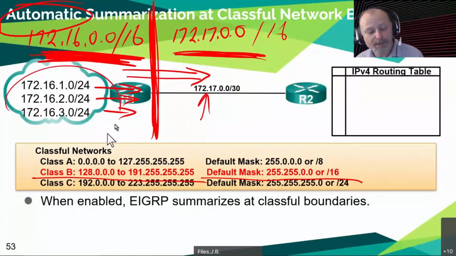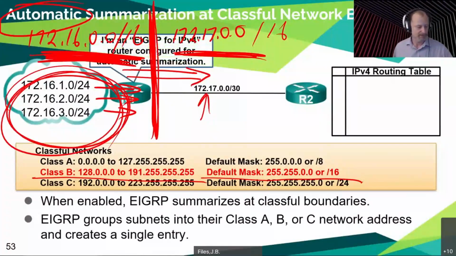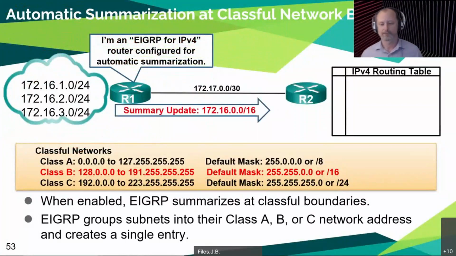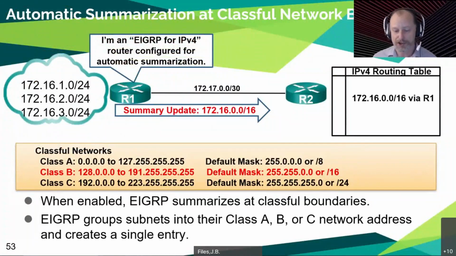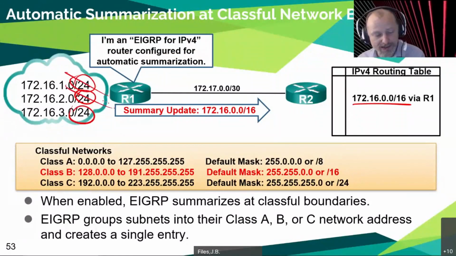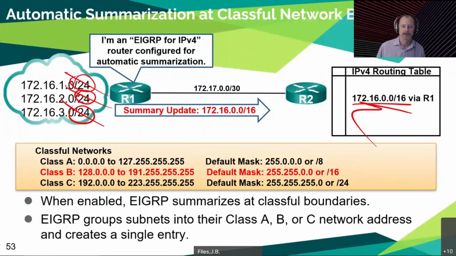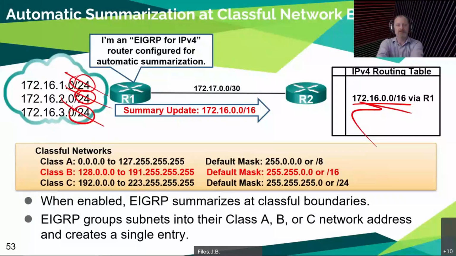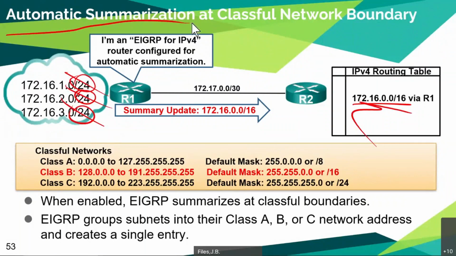That means it's going to automatically summarize these, without us having to configure it. And that means R2 is just going to see this one network. It's not going to see three /24s. It's going to see one /16. Does that make sense when we say automatic summarization at classful network boundaries? Everybody clear on that?